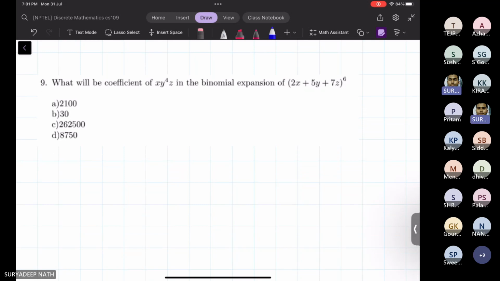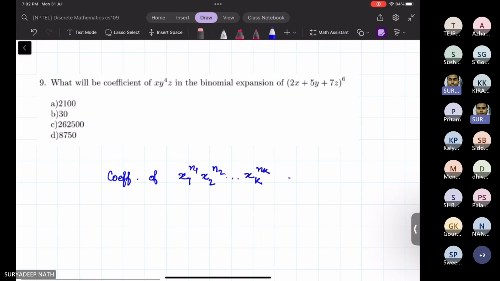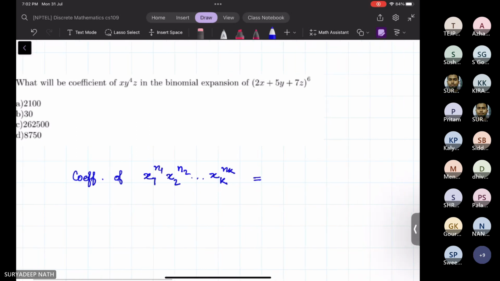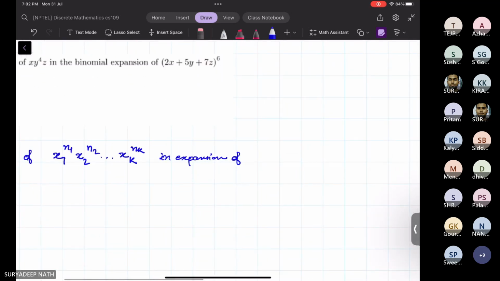So let us again write, what is the coefficient of x1 to the power n1, x2 to the power n2, and x_k to the power n_k in the expansion of (x1 + x2 + up till xk) whole to the power n.